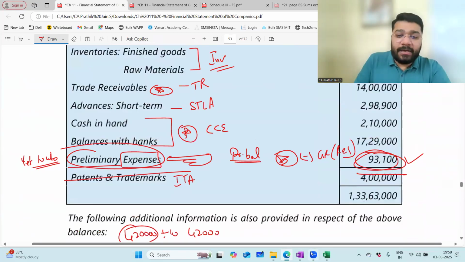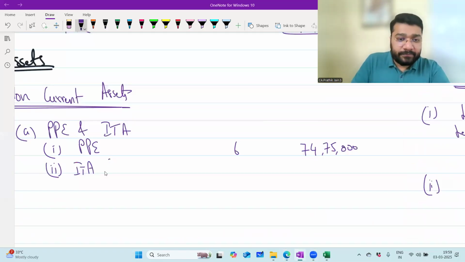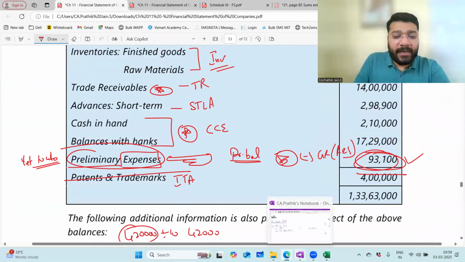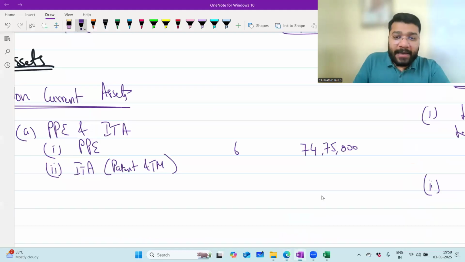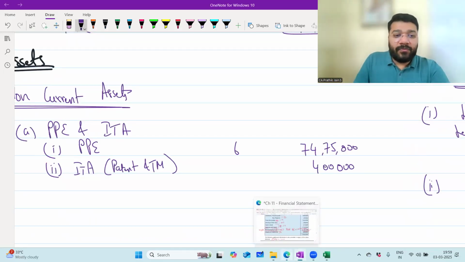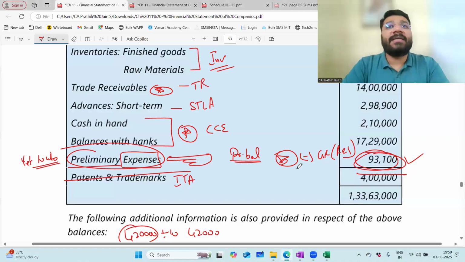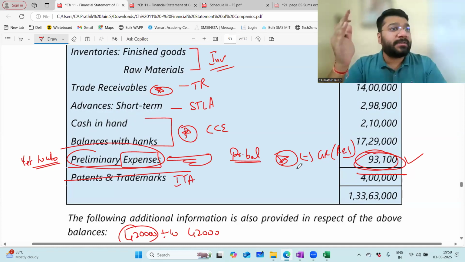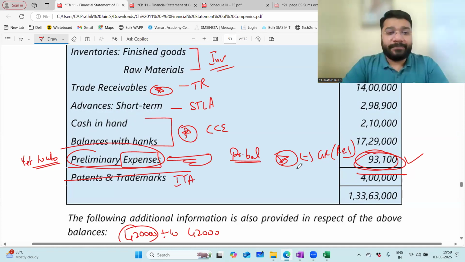Patent and trademark 4 lakh, directly you can write it. If you want to give a breakup also, you can give a breakup, nothing wrong. 4 lakh rupees. If you want to present this in notes, nobody will stop. Guys, you can give extra notes, nobody will stop you.